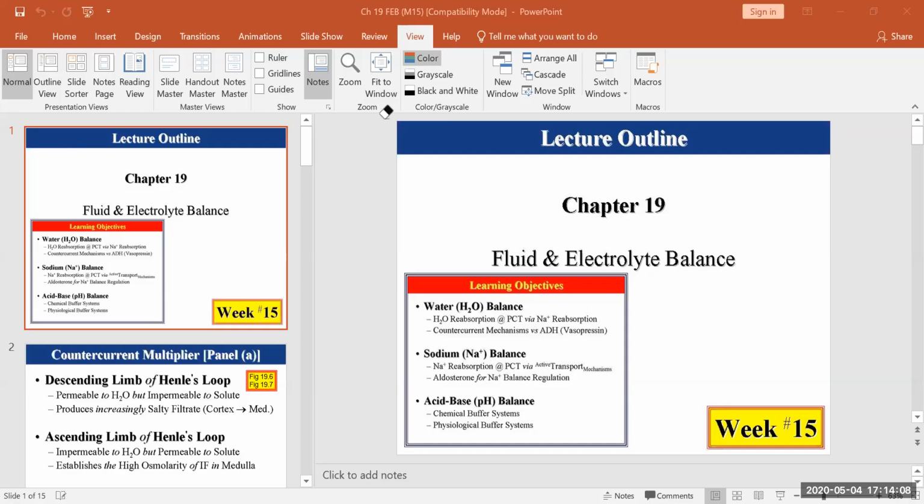So water is reabsorbed at the PCT, proximal convoluted tubule, indirectly through sodium reabsorption. So wherever salt goes, water just follows. Okay. And when we talk about water balance, there's a countercurrent mechanism. This is a very important mechanism.